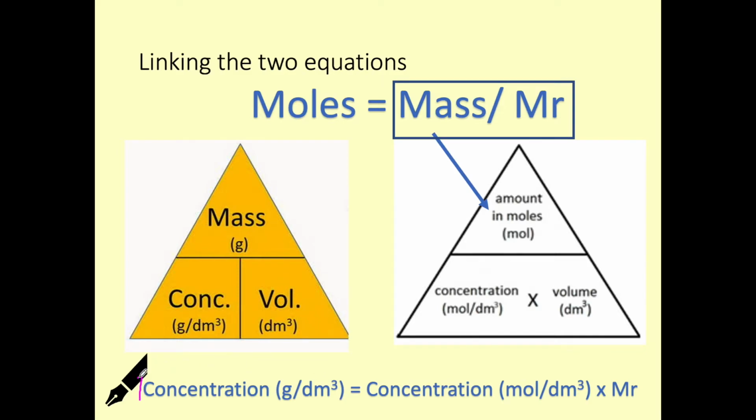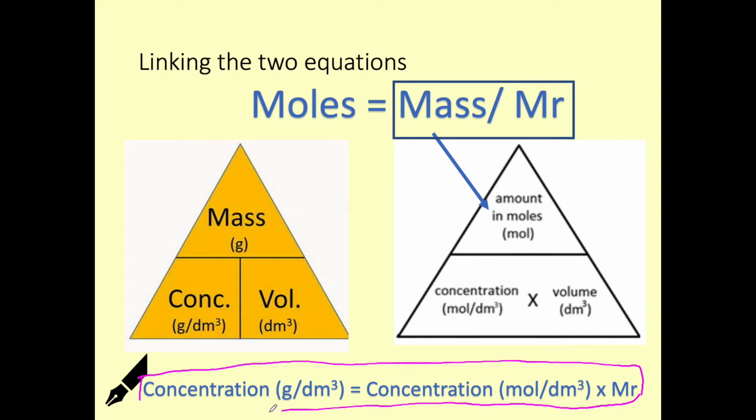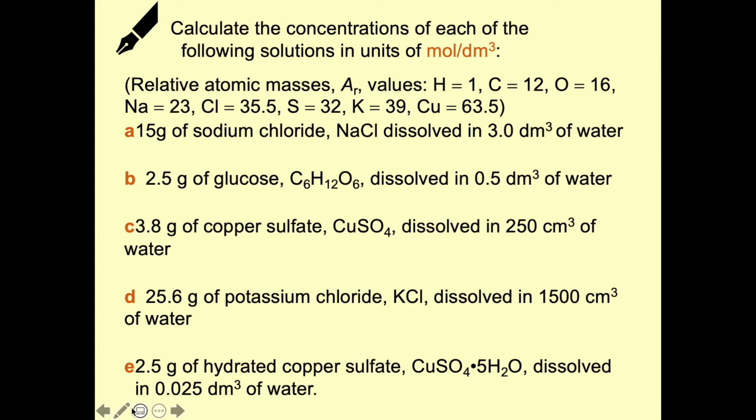And the simpler way of thinking about that is, in order to get our mass, we're doing our moles times our MR. So to get from our mole concentration to our mass concentration, we again just need times by MR. So if you can just pause the video whilst you note down that equation. And then we're going to have a go at some of these questions.